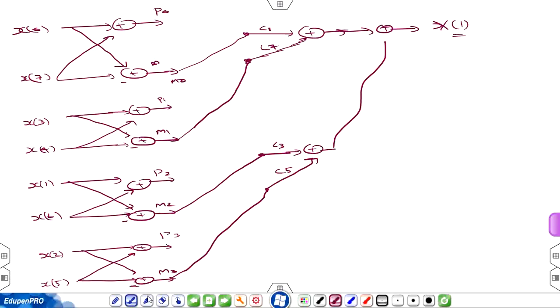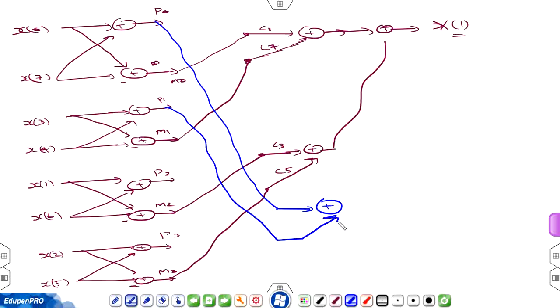Yes, I will use a different color. p0 and p1.